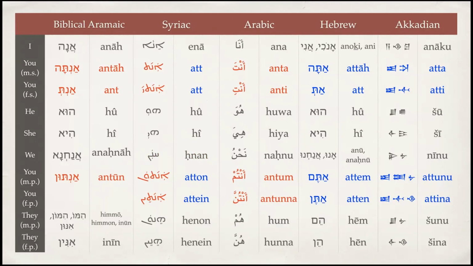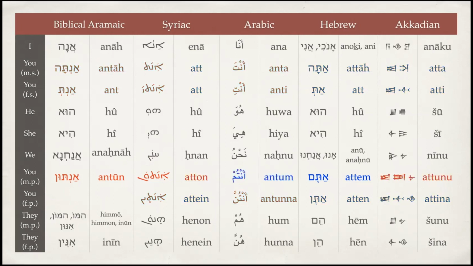If you notice the Syriac, the way it's written is marked in red, meaning it's still written with the nun, but you see this dash on top, and sometimes it'll be an underline beneath a letter, that indicates the letter's silent and not pronounced. So Syriac maintains the way it's spelled, but the Syriac does not pronounce the nun in the second person pronouns, whether they be masculine, feminine, singular, or plural.